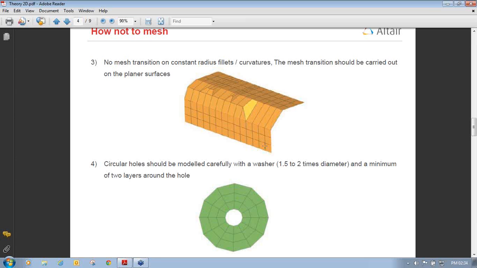To find the stresses generated by the pressure or torque from the nut and bolt or due to that fitting, we should have a proper mesh around the holes, so that the simulation will be performed smoothly and accuracy will be high. So another rule followed is circular holes should be modeled carefully with washers, and the washer should always be 1.5 to 2.5 times the diameter.